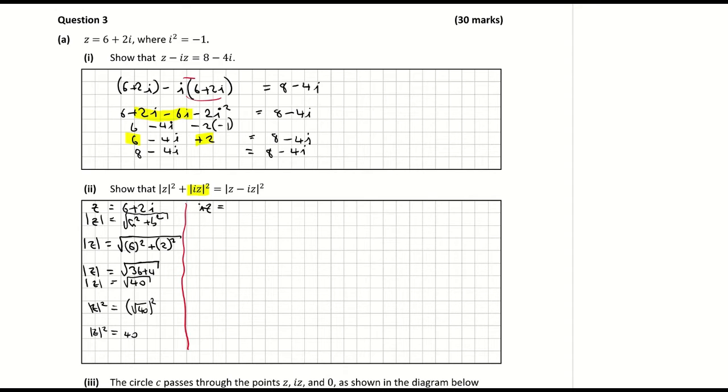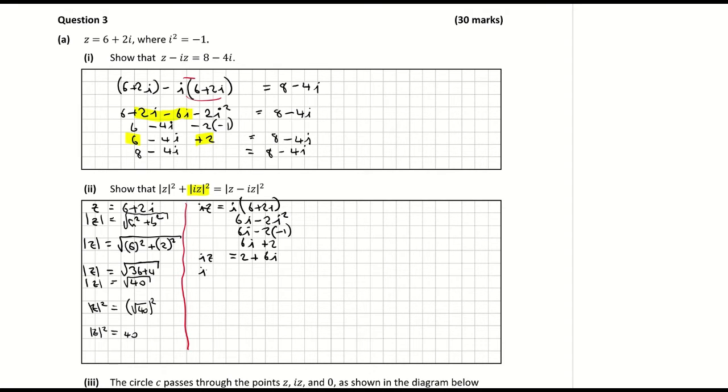Well, we had a minus in front of it, so let's do it again. So iz is i times 6 plus 2i. Multiplying in the i, you get 6i plus 2i squared. 6i minus 2 times minus 1. 6i plus 2. Rearrange it, real part first, so 2 plus 6i. So that's the value of iz.